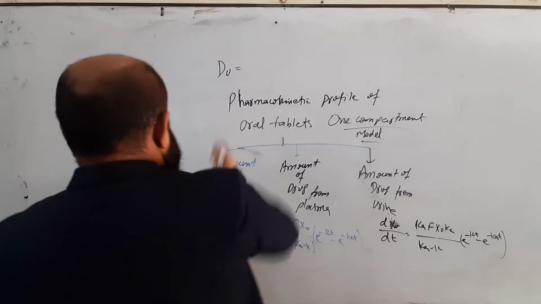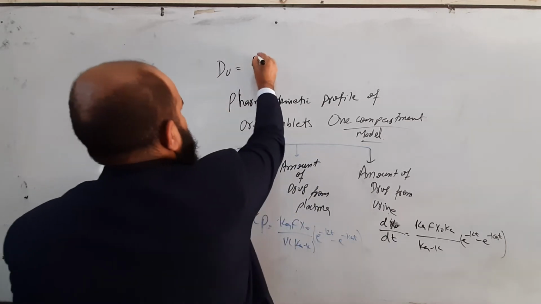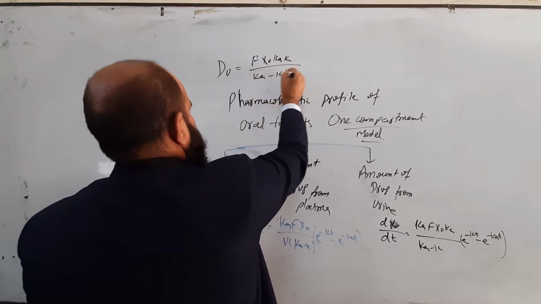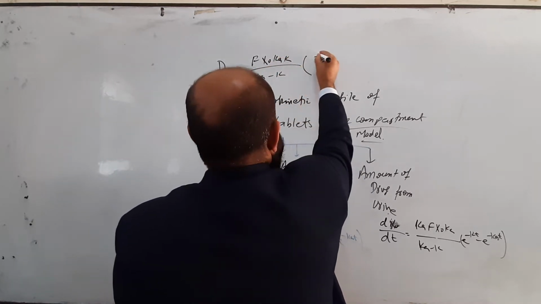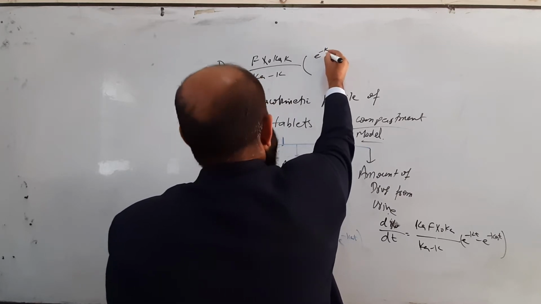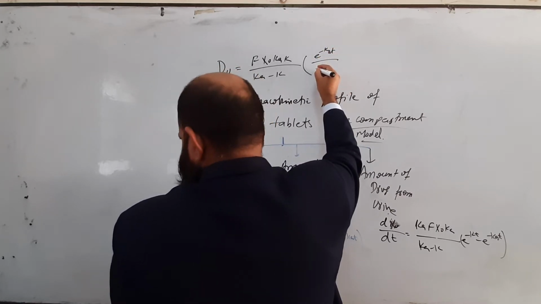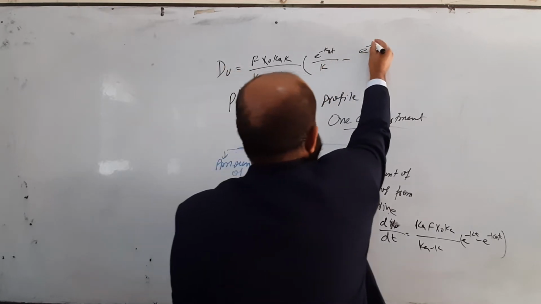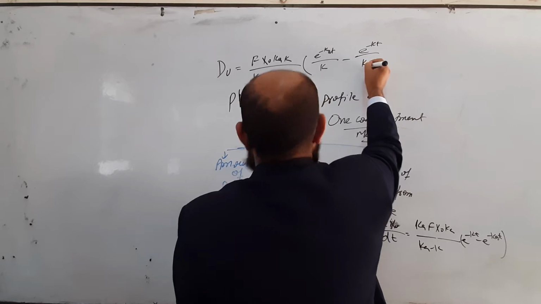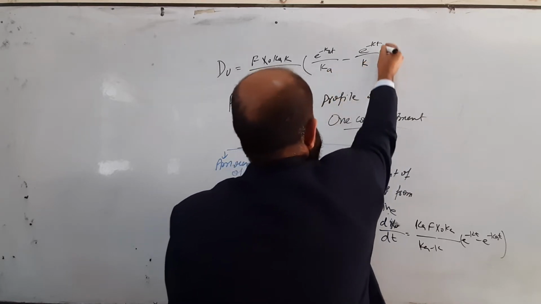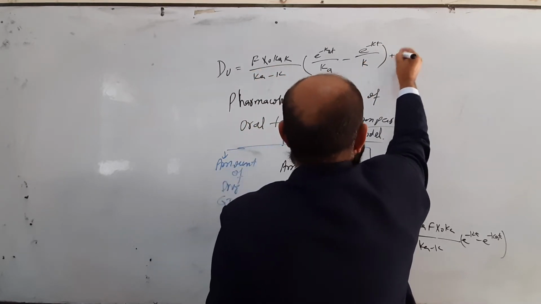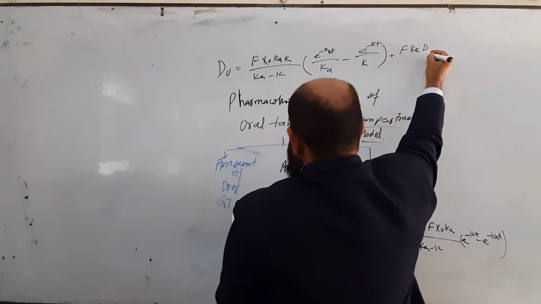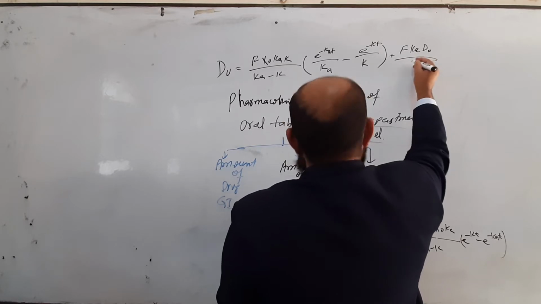We have the equation: F X naught Ka over Ka minus Ke, times e to the power minus Ke t over Ke minus e to the power minus Ka t over Ka, plus F X naught Ke, the initial dose of drug, over Ke.